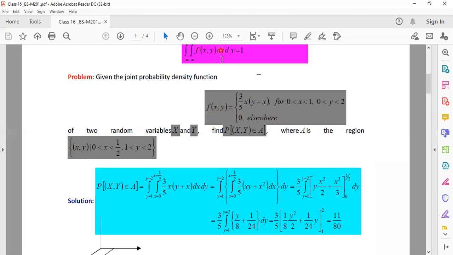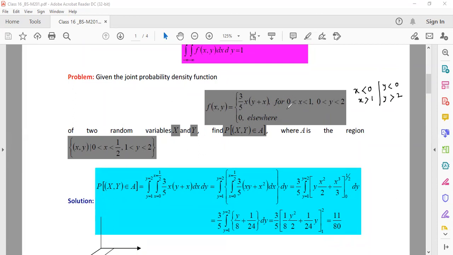So what do we mean by any other range? By this, we actually mean that if x takes a value less than 0, or x is greater than 1, or if y is less than 0 or y is greater than 2, in these cases, if any of these is true, the probability gives you the value 0.